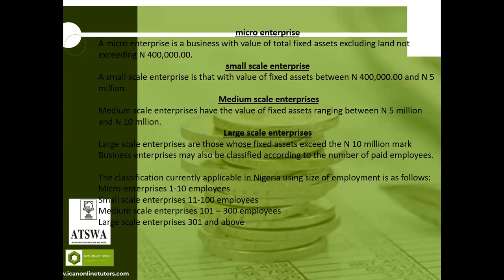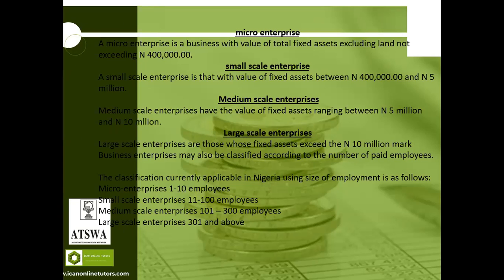In terms of asset base, micro is not more than 400,000, small is 400,000 and 5 million, medium is 5 million and 10 million, but must not be greater than 10 million, while large is above 10 million. That is when we are using the value of their assets.